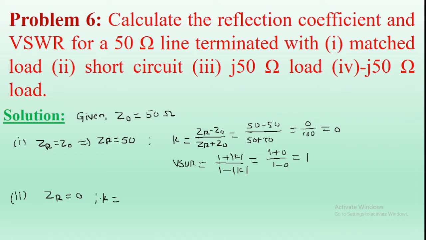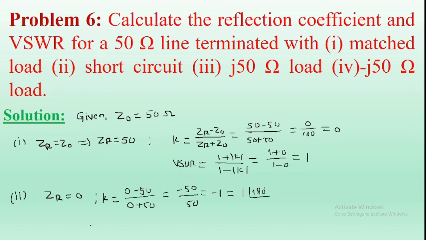Now here the load impedance ZR is equal to 0, so 0 minus 50, Z0 is 50 ohms, by 0 plus 50, is equal to minus 50 divided by 50, which is minus 1. The reflection coefficient K is equal to minus 1, the magnitude of minus 1 is 1 and the phase angle is 180 degrees.